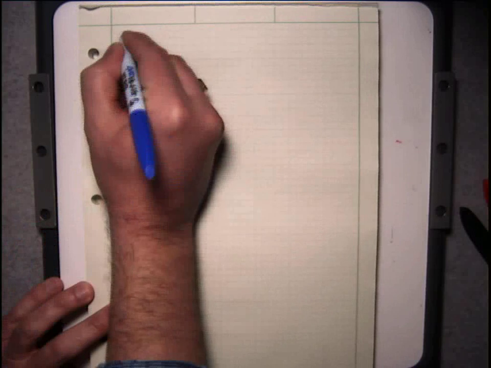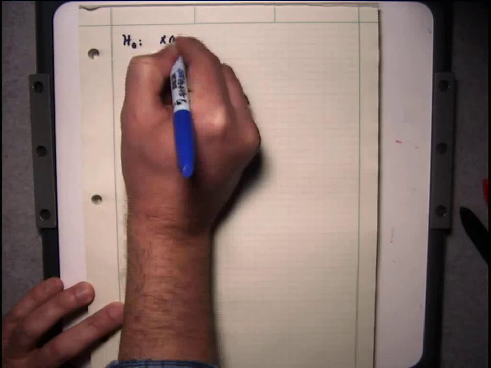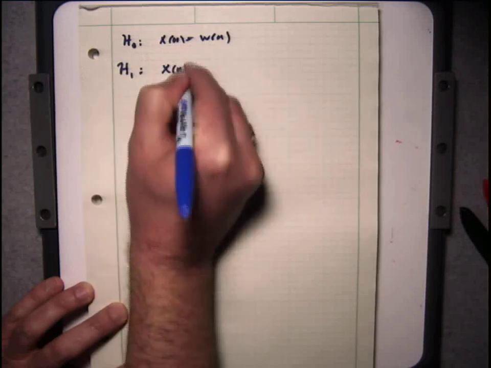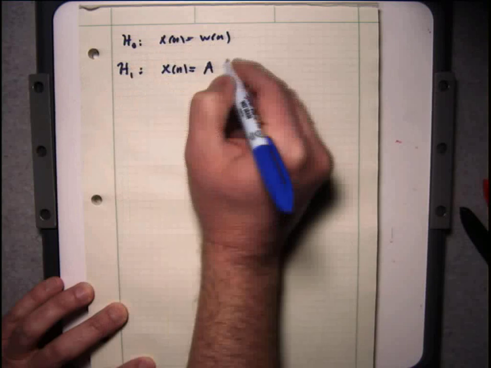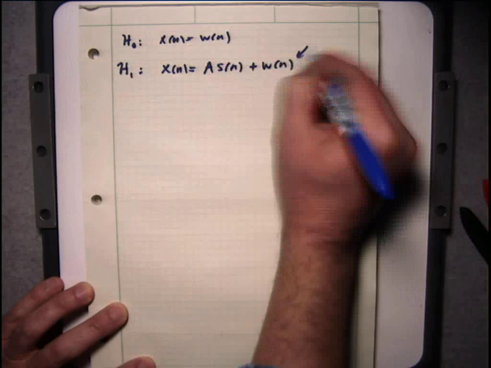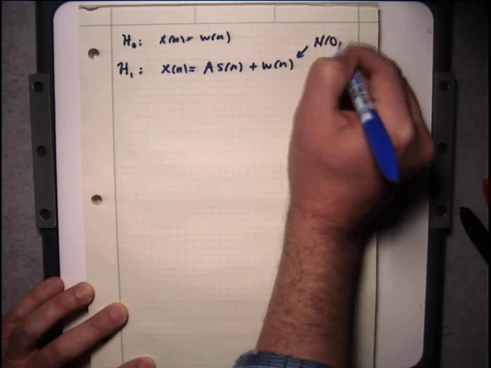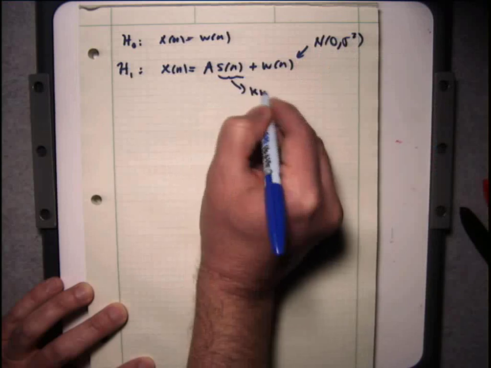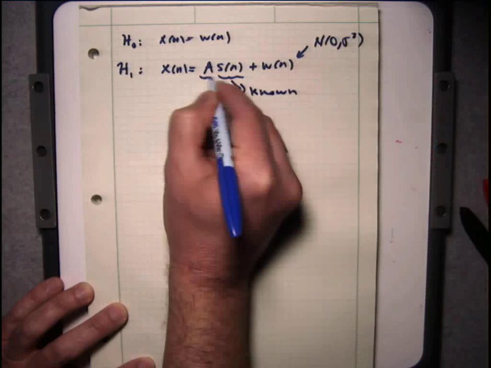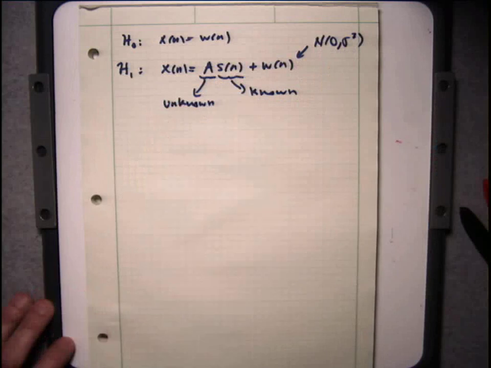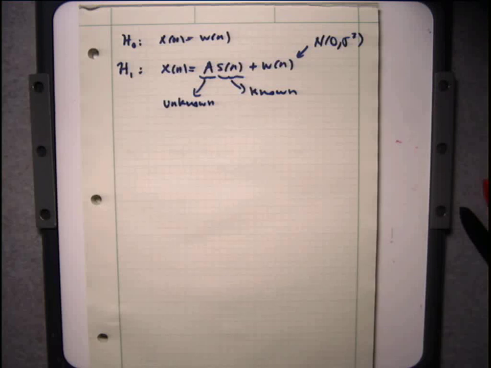So let's say under H0 you have X of n is W of n, and under H1 you have X of n is A times S of n plus W of n. And again, W is Gaussian, zero mean, variance sigma squared. This time we're going to assume that S is known, but that A is unknown. So this is a little different than the scenario we just considered.